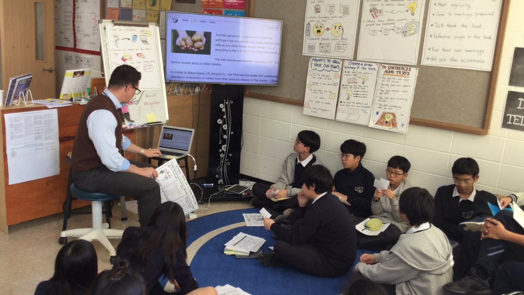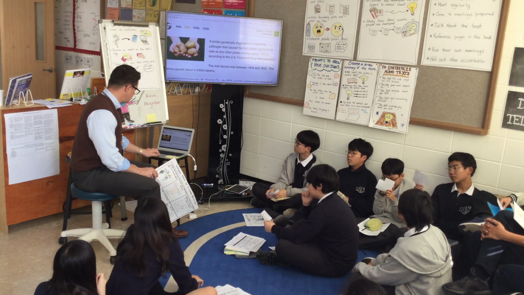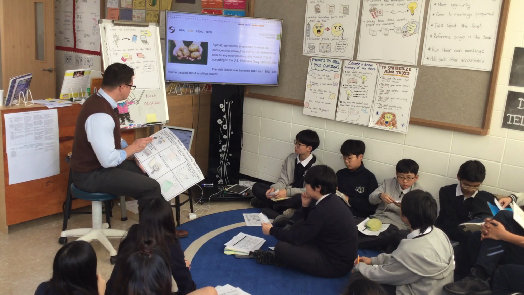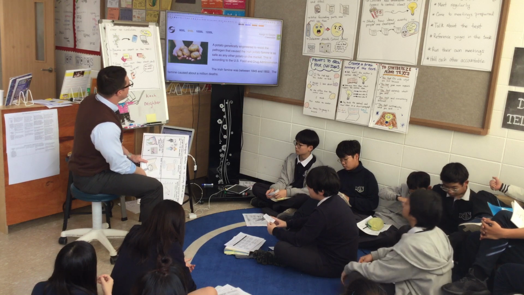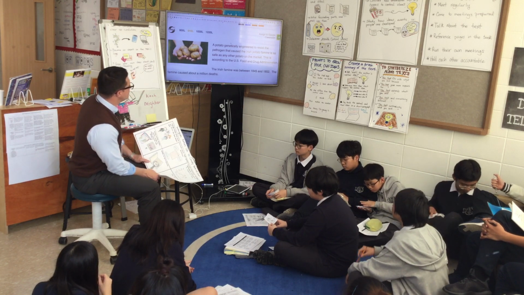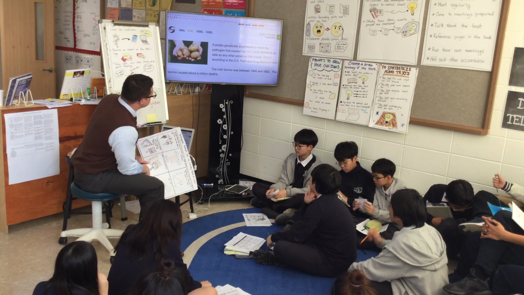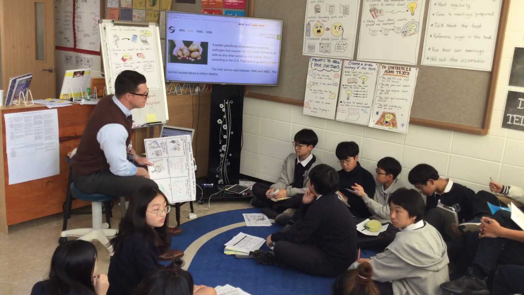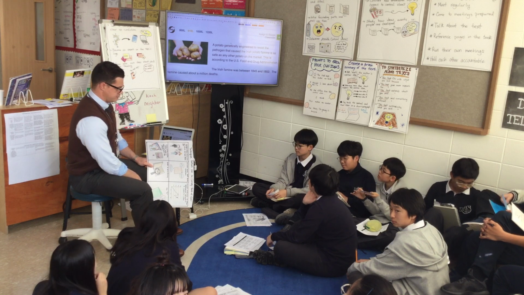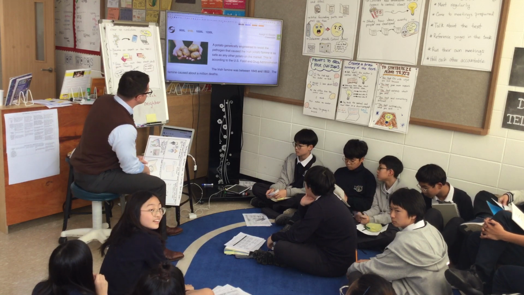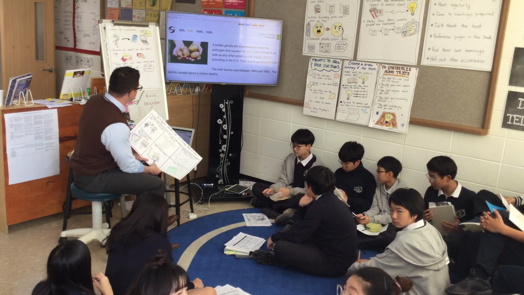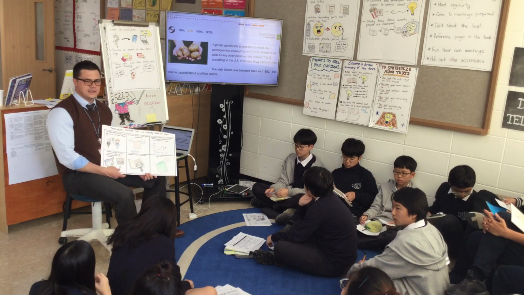Now we're going to read a little more. A potato genetically engineered to resist the pathogen that caused the Irish potato famine is as safe as any other potato on the market. This is according to the U.S. Food and Drug Administration. The Irish famine was between 1845 and 1852. The famine caused about 1 million deaths.